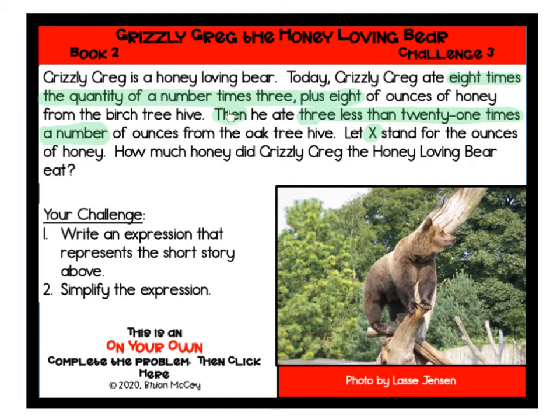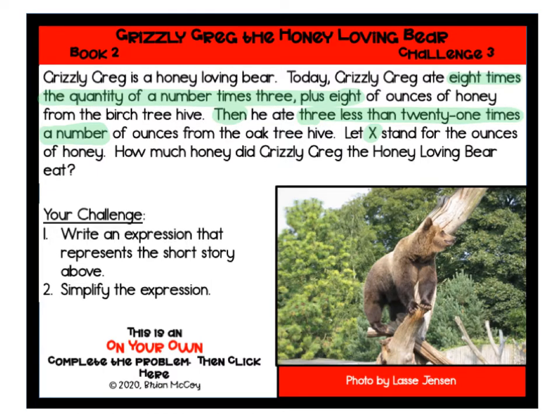And then I like to do the "then" because that's really like a plus. And then 3 less than 21 times a number. And then I like to highlight X because wherever you have a number, like right there and there, you will represent it with X. So that's the first thing you should have done. And then you should have created your expression.